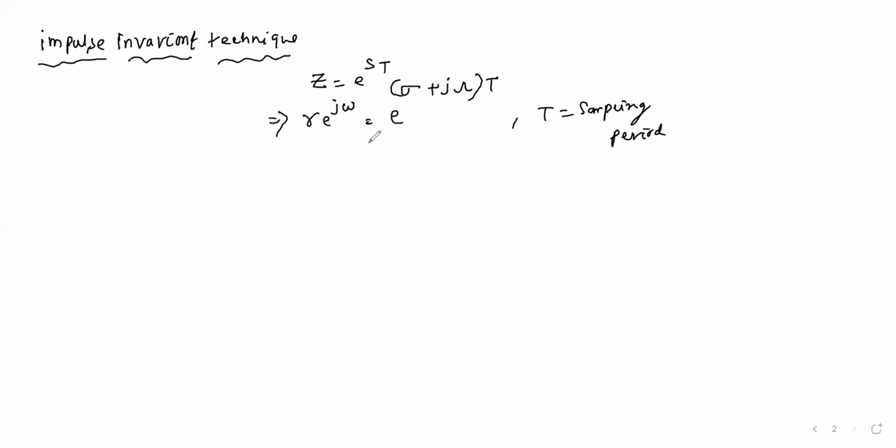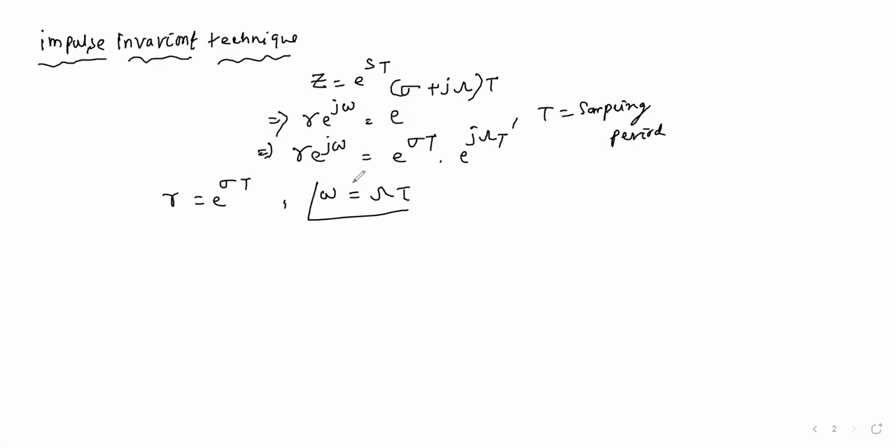Okay. Now, if you compare both sides, what will you get? r e to the power j omega equals e to the power sigma T multiplied by e to the power j capital omega T. Comparing both sides, you get r equals e to the power sigma T, and small omega equals capital omega multiplied by T. This is important.